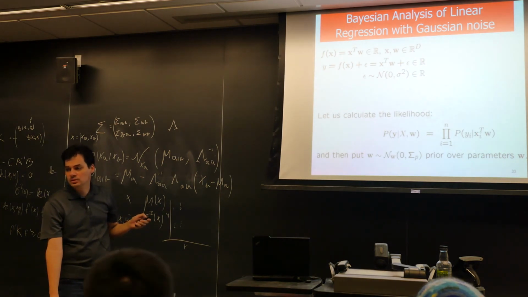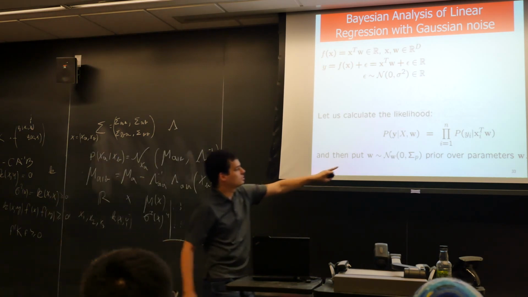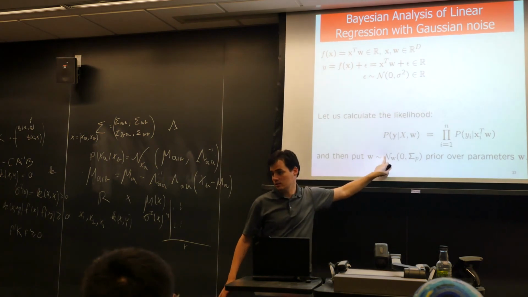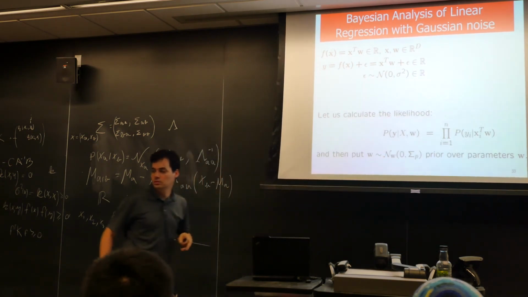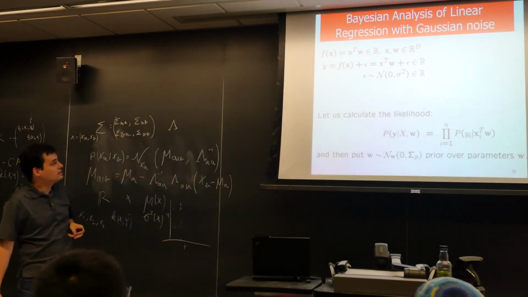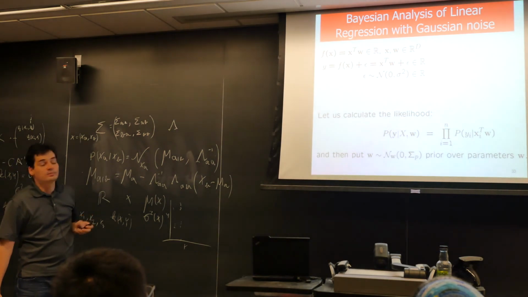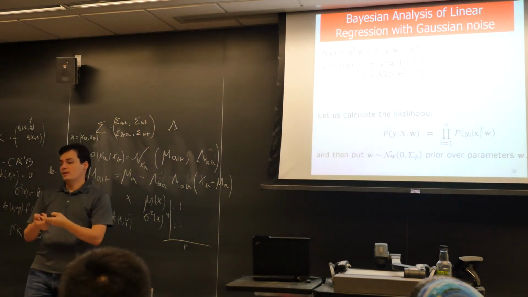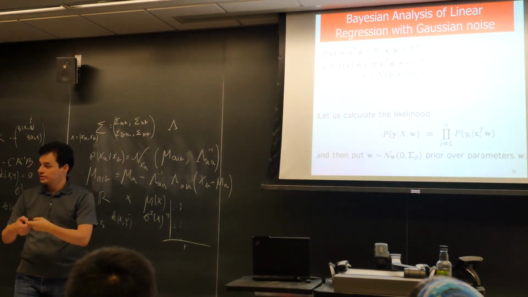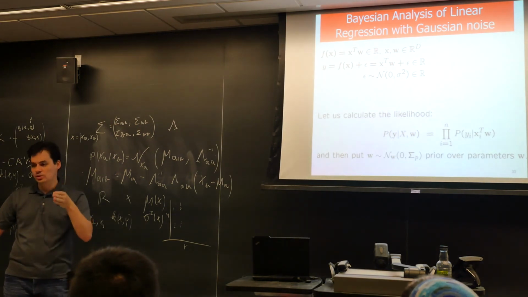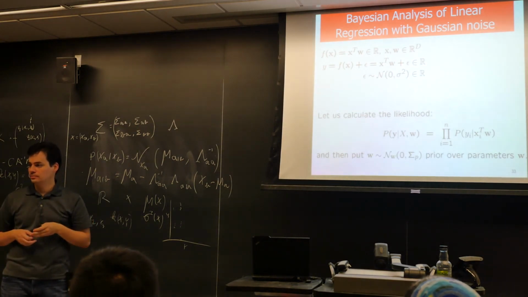So the y's are going to be centered at 0. That's my prior. I calculate the posterior distributions, and then we will see that the posterior distribution won't be centered around 0.